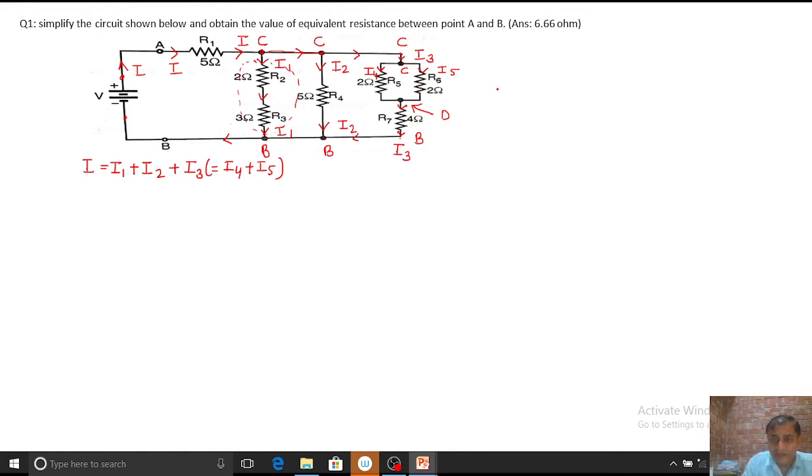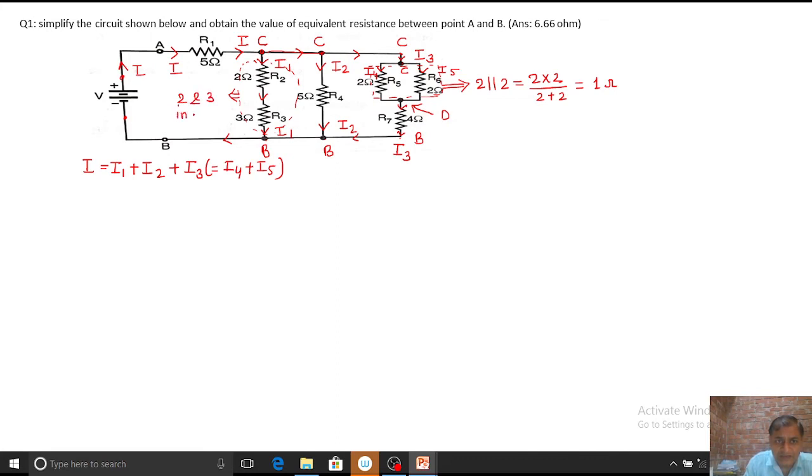So these 2 ohm and 2 ohm resistances are in parallel: 2 parallel with 2 is written as 2 into 2 divided by 2 plus 2, which is 1 ohm. And these two resistances, 2 and 3, are in series.